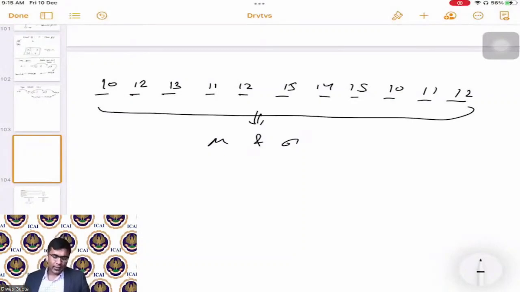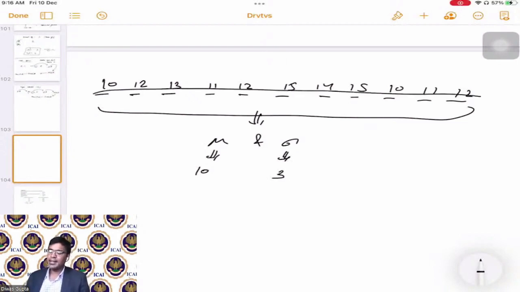Now, for example, the mean comes out to be 10, and the standard deviation comes out to be 3. It will not actually come out with these figures, but whatever figures you take, on that basis the mean is 10 and the standard deviation is 3. Now, what is the question we are asking?